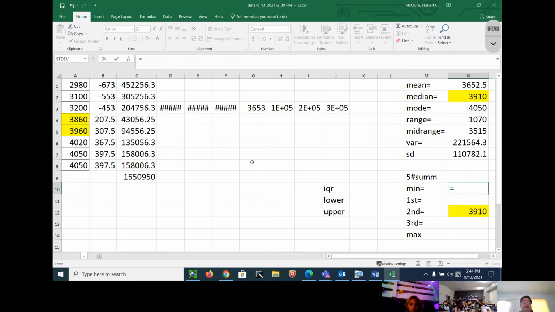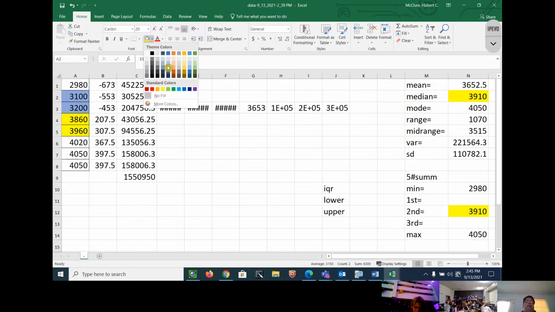Min is equal to this guy. Max is equal to this guy. And these 2 numbers are going to be added together and divided. And these 2 numbers are going to be added together and divided.